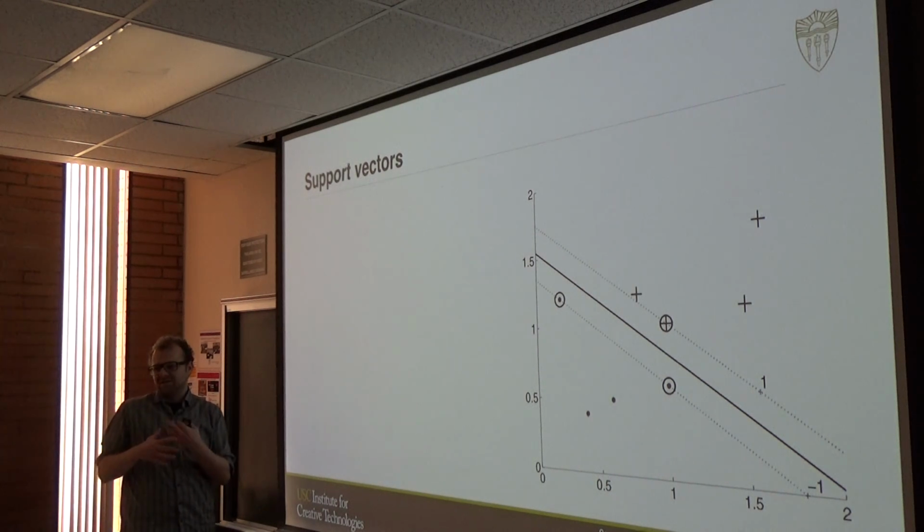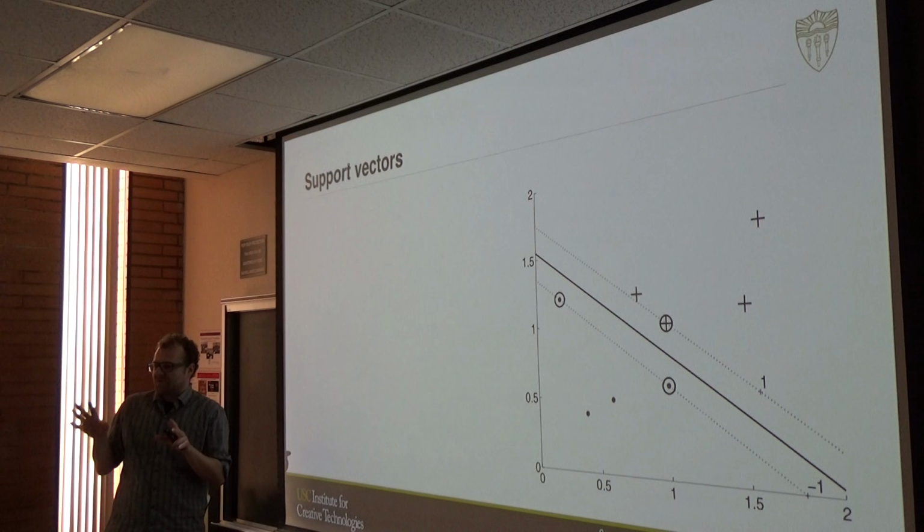So if I had 1,000 data points and I only needed 4 data points to separate those two classes, and remember there's an analytic solution that is perfect, it doesn't make a mistake on the training set, then I would say that problem is really easy, right?